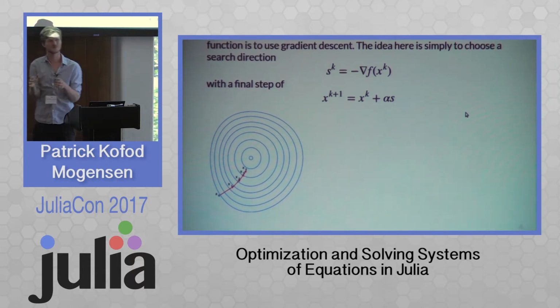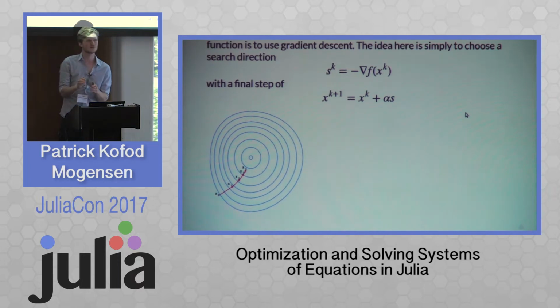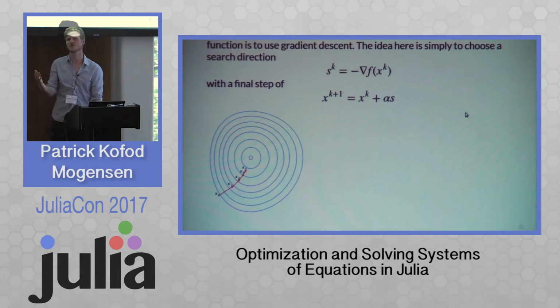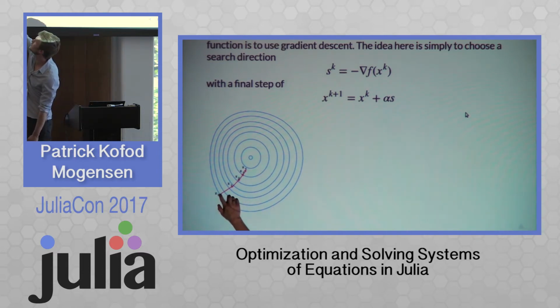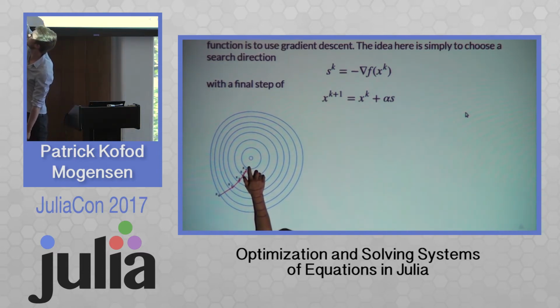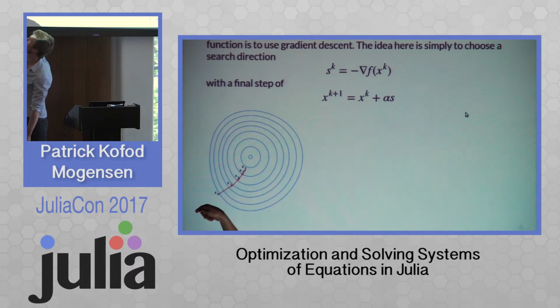So the gradient, if you don't know, is a vector that tells you in each direction, if you increase x1 a little bit, and x2 a little bit, and x3 a little bit, how much does the function value increase? As I said, the function value decreases this way, so the gradient is going to point that way.